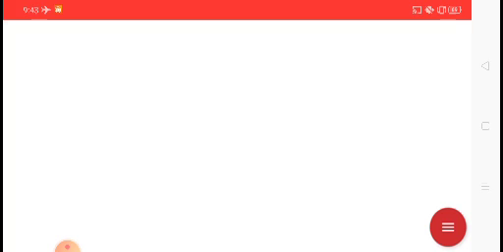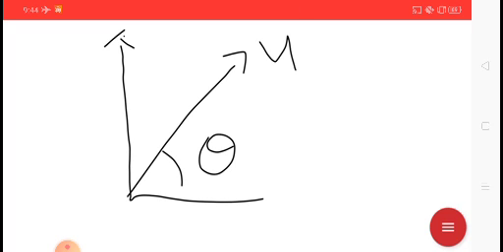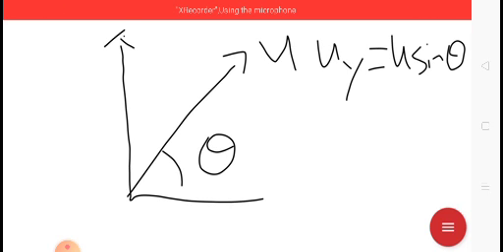Just now, as I said, when you have an item projected with an angle theta here, you will have 2 components of velocity at the initial condition. The vertical component uy will be equal to u sin theta, and the horizontal component of the velocity ux will be equal to u cos theta.